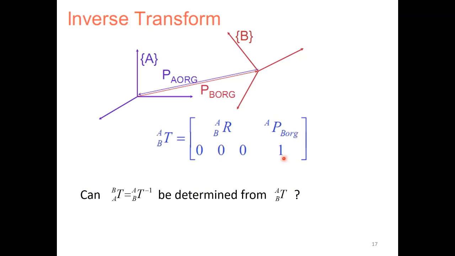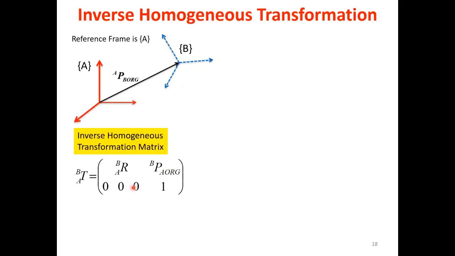All right. So I'm writing BAT. When you say BAT, B is the reference. So I have to write B over here, B over here, right? And then A is the relative frame. So I have to write A here and A here. Simple as that. Okay, once you learn it, you just have to repeat it.